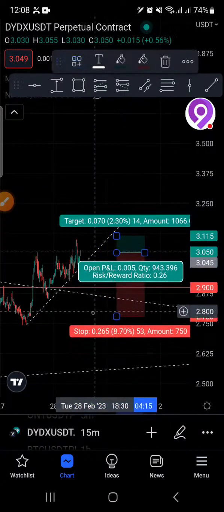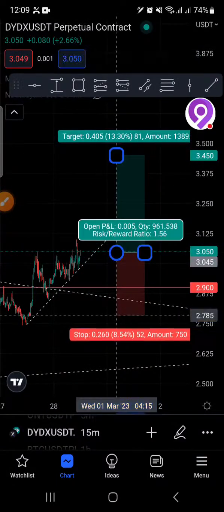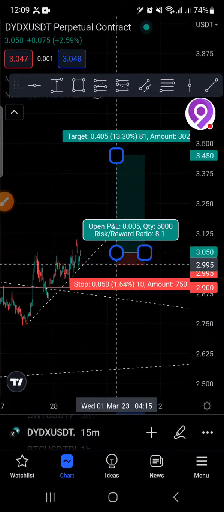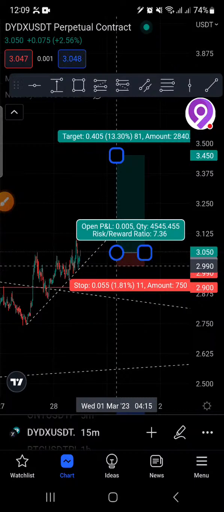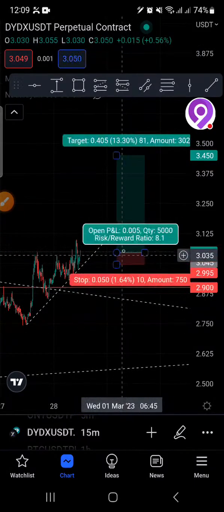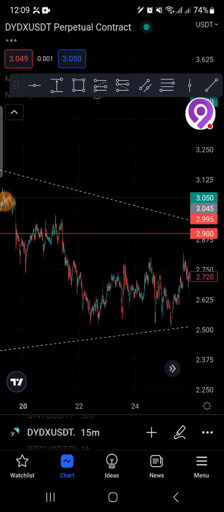this will be your stop loss, this will be your take profits. Okay, that's your stop loss. And your take profits, let's see.